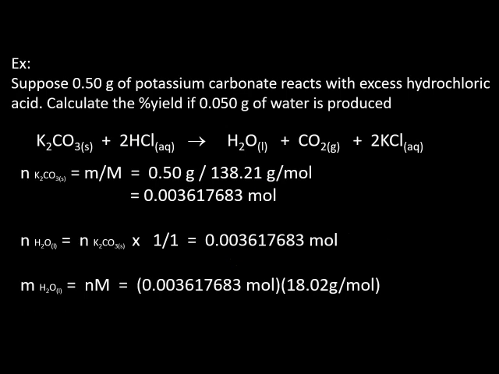And so the amount of water in terms of the mass, number of moles times the molar mass, we should get about 0.065 grams of water. So that's our theoretical yield.